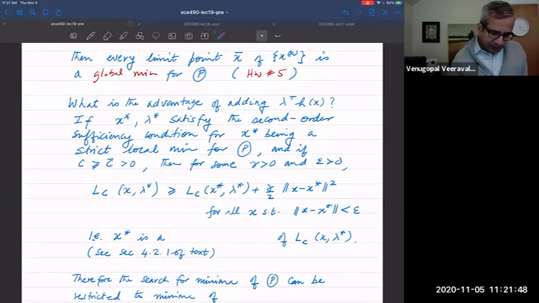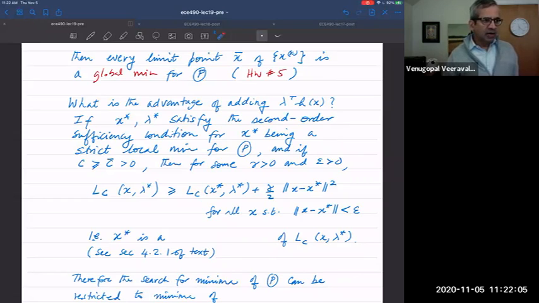It says that if x star and lambda star satisfy the second order sufficiency condition for x star being a strict local minimum for P, that's a second order sufficient condition in terms of the Lagrangian.